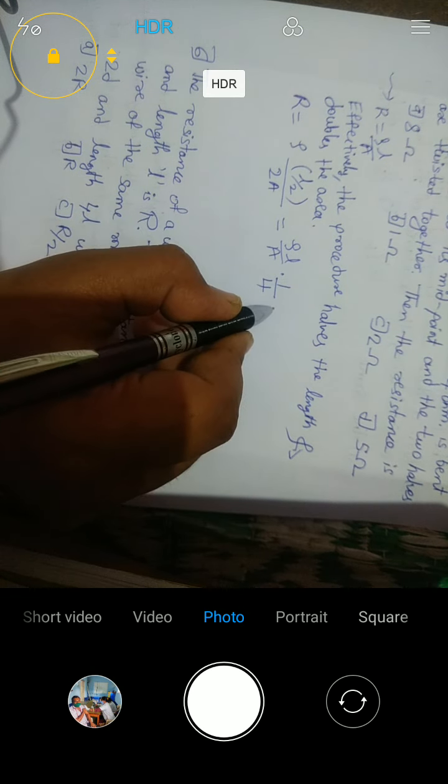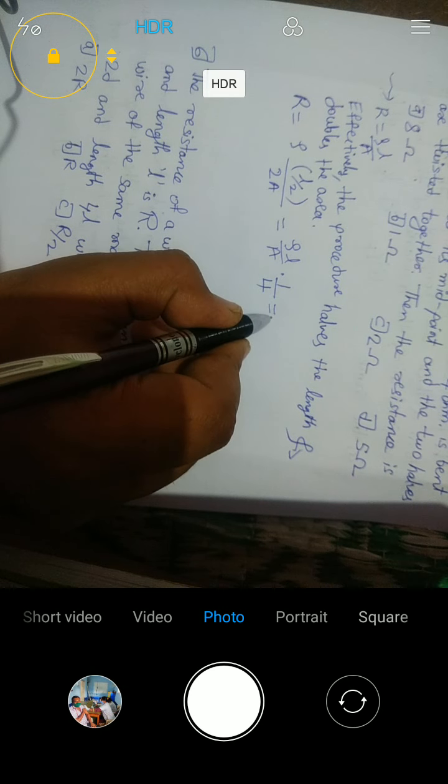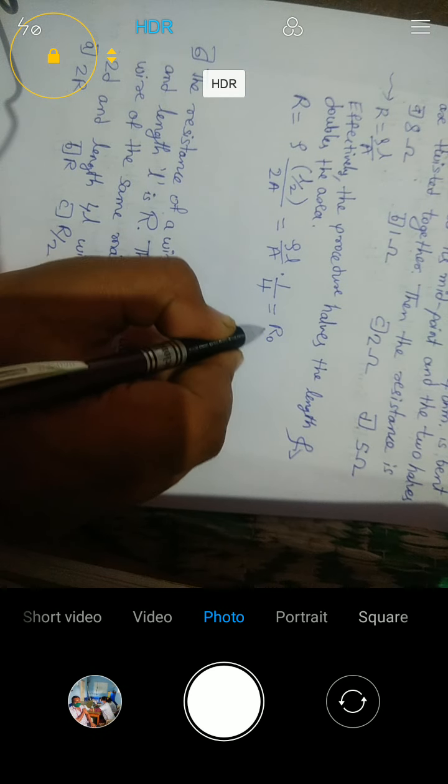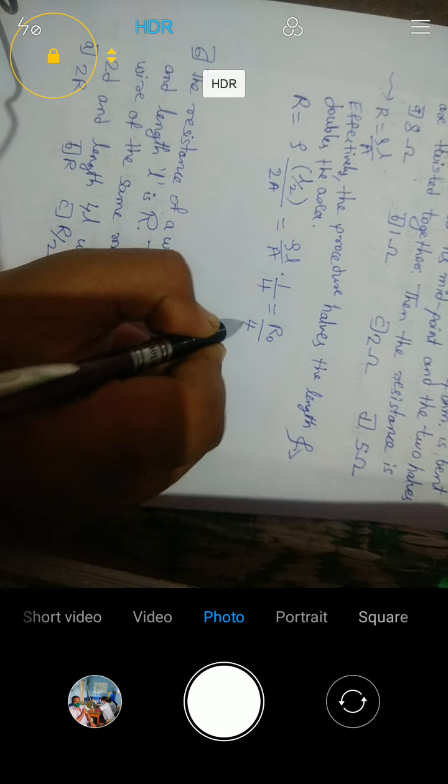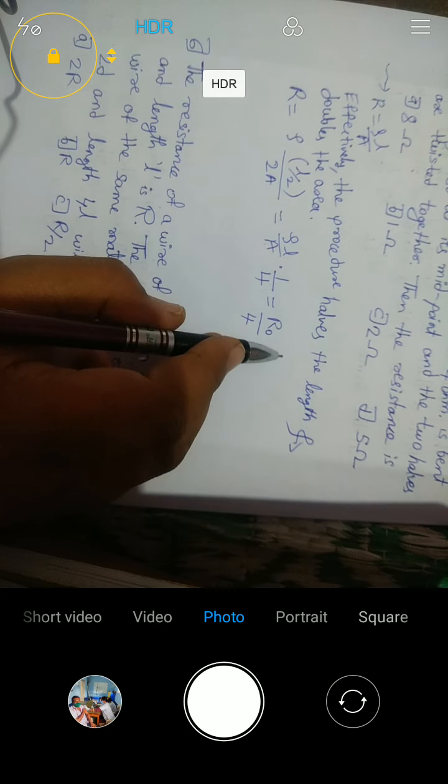So that is equal to, rewriting this equation, rho L by A into 1 divided by 4. So that equals R naught divided by 4, because rho L by A is the resistance R naught.